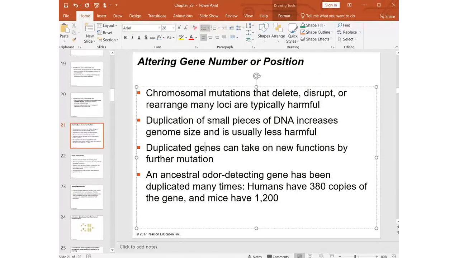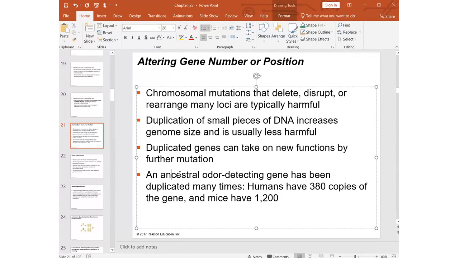Duplicated genes can take on new functions by further mutation. If you duplicate one gene to two genes, and then one of those genes mutates to some other form, then those two genes can diverge in terms of what they're used for.